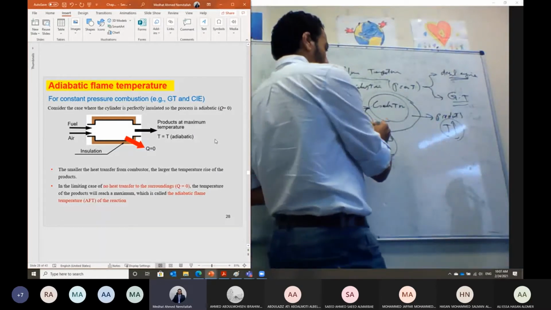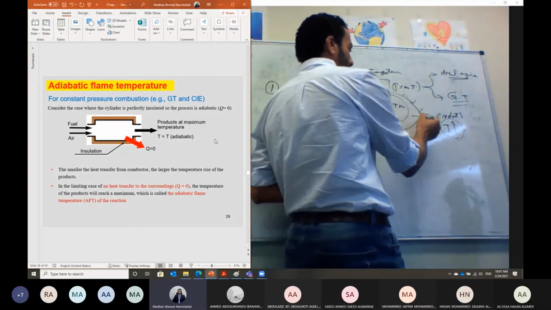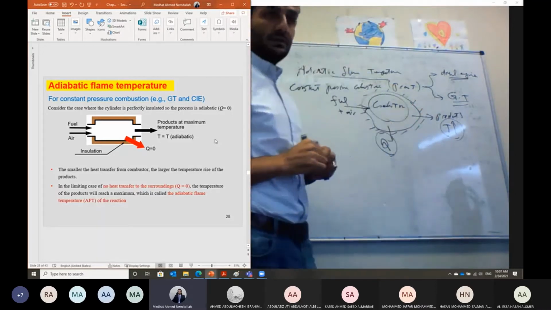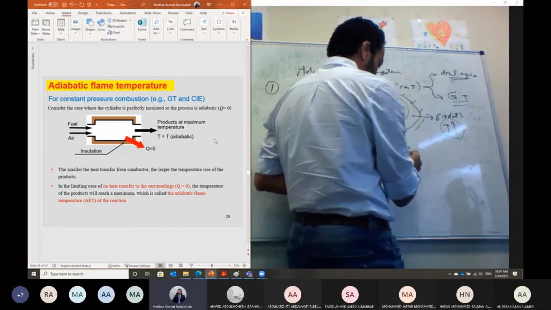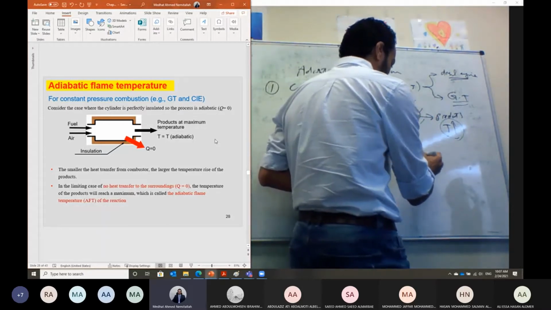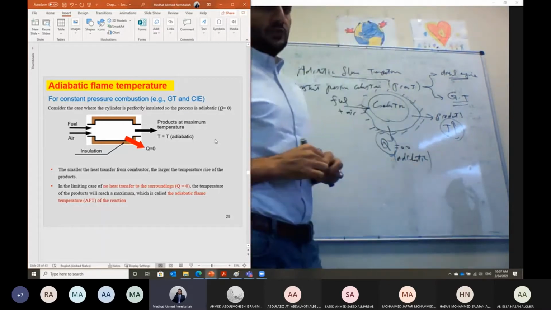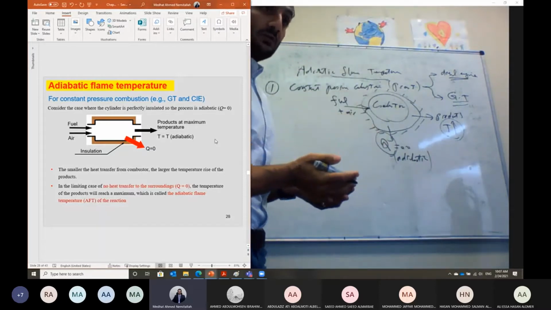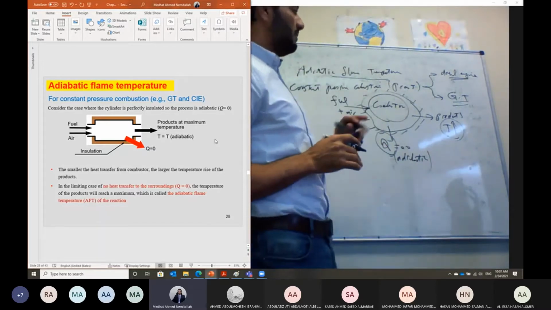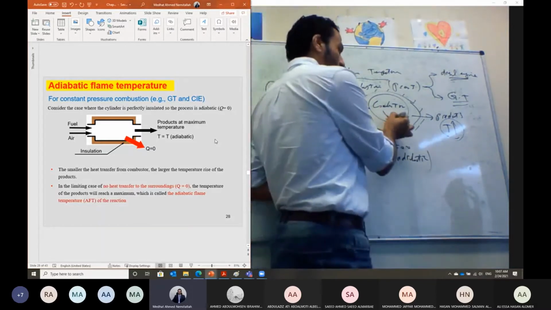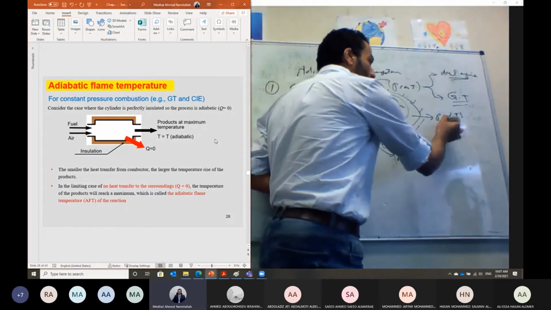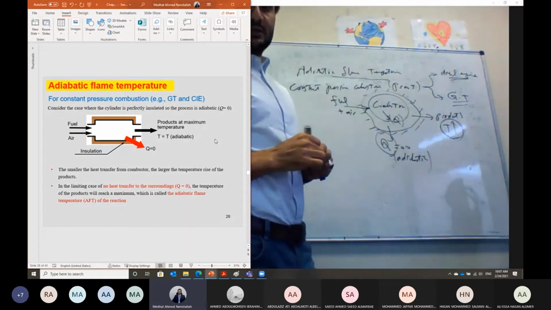If we are able to design this combustor to be adiabatic or fully insulated, this means the heat transfer will be equal to 0, and in this case we call it an adiabatic combustion process. So the walls of the combustor are insulated, so we don't have any kind of heat transfer. That means all of the heat of combustion generated will appear as a temperature rise of the product.